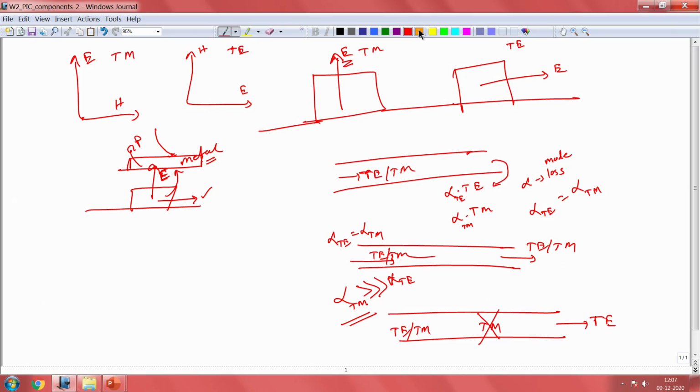But for the light that is interacting with the metal, this light will be lost into the metal to create a solution into the metal, and then it will leak or be absorbed in the metal. Okay. So, this is how you create a preferential loss between the two polarizations.